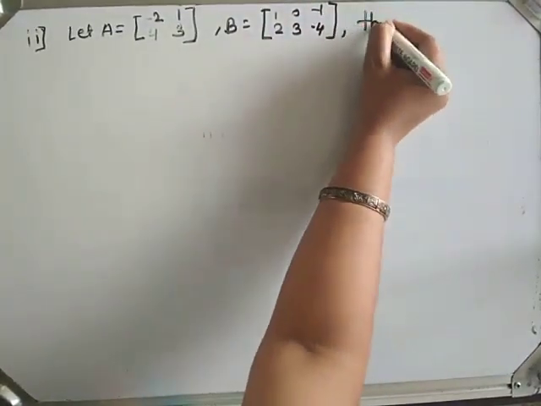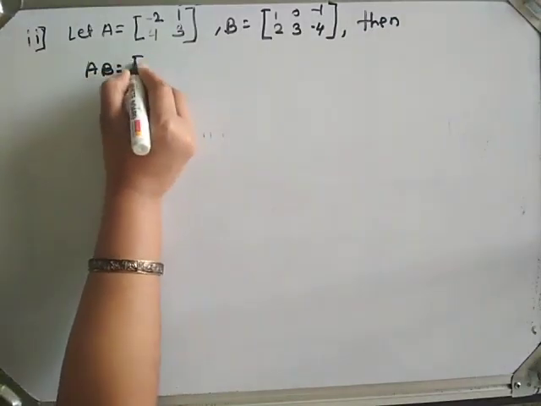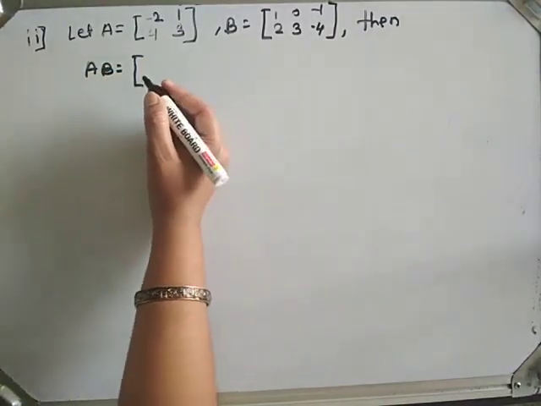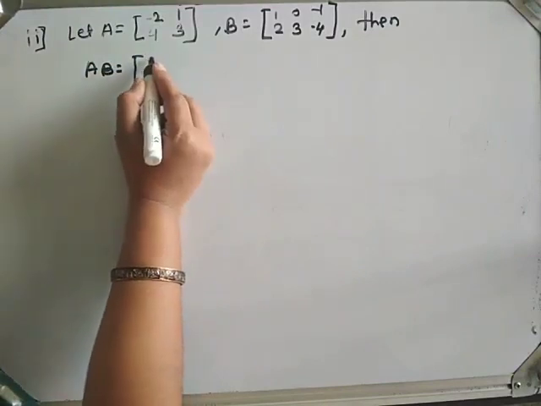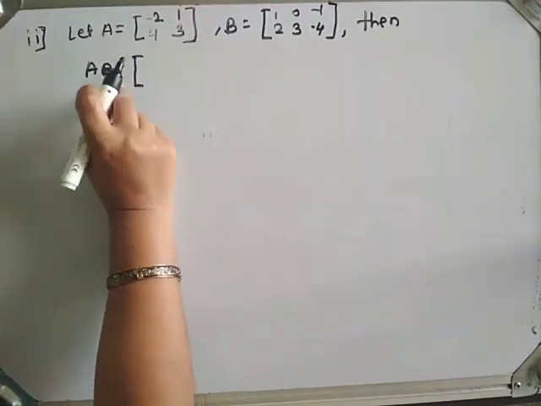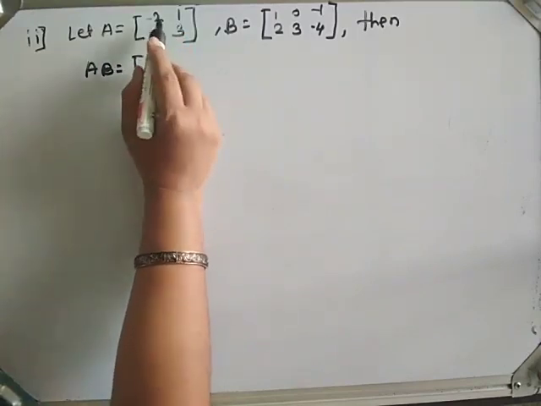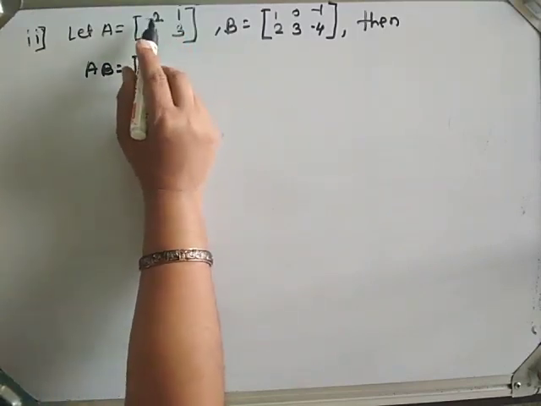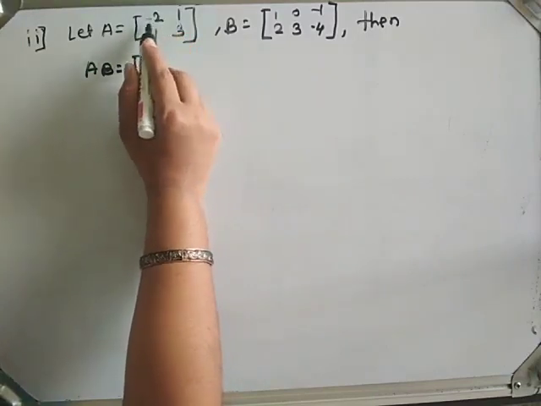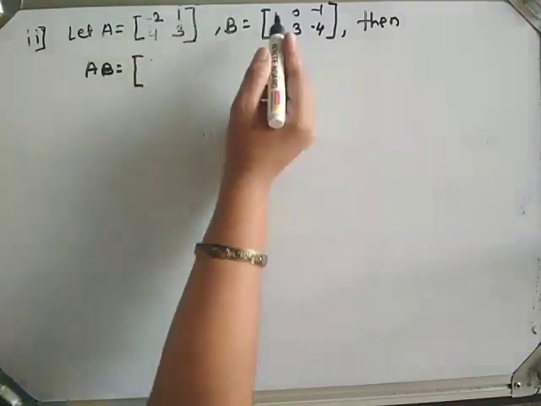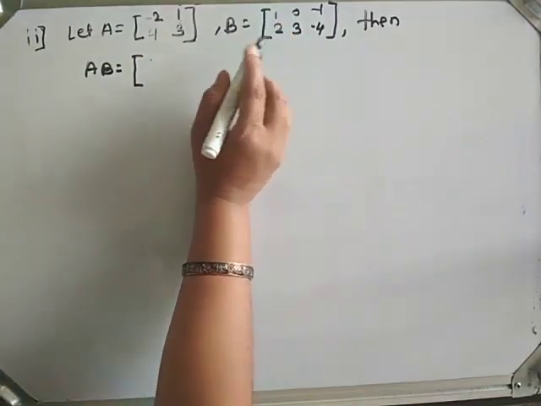Then A into B is equals to, the 1/1 entry of this product matrix is, for this we have to multiply the corresponding entries of the first row of A and the first column of B and add them.